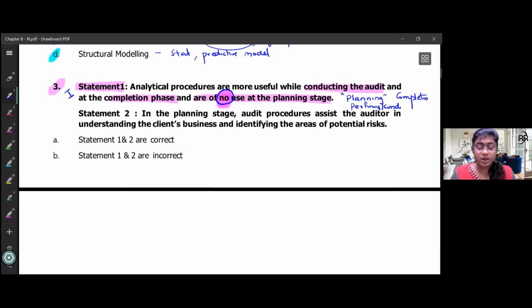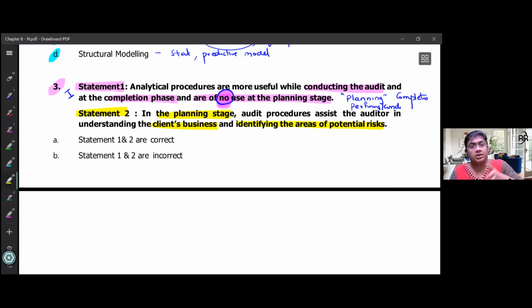Statement 2. In the planning stage, audit procedure assists the auditor in understanding the client's business, identifying the potential risk. True.